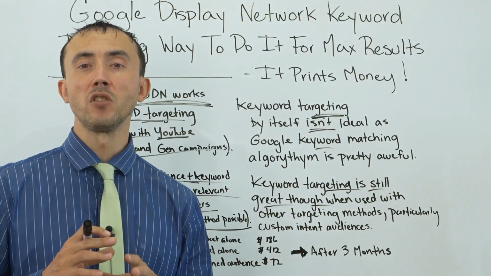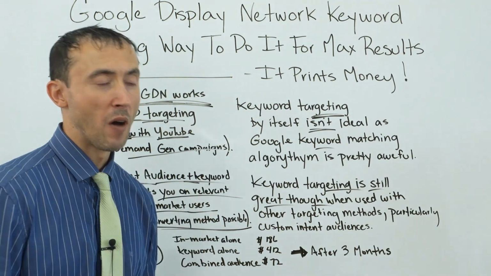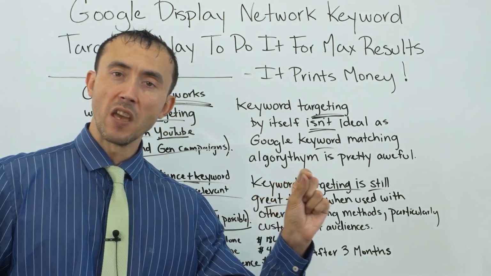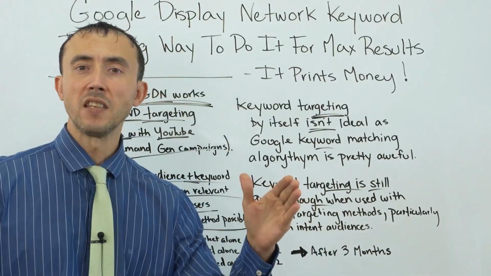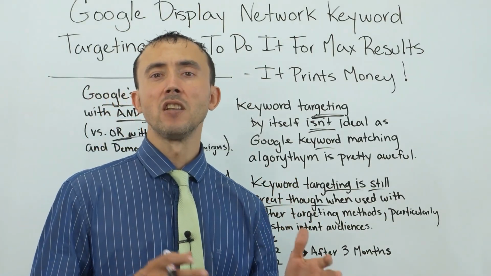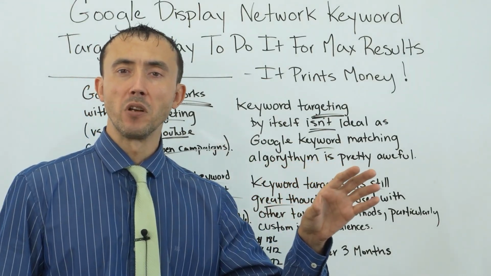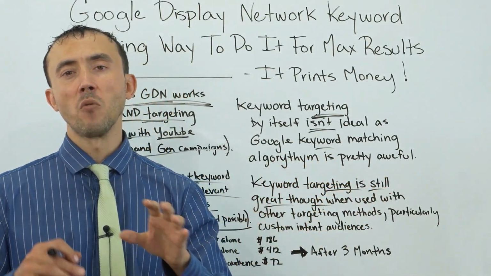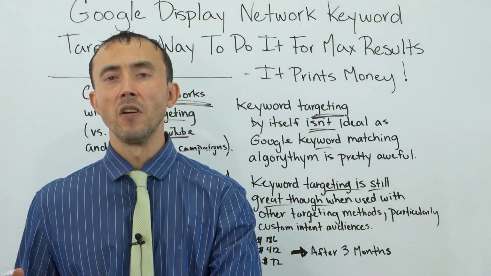And if all you do is keyword targeting, you're not going to probably make money 99% of the time. However, when you combine it with the in-market audiences you create through your custom intent audience, it actually weeds out the statistical likelihood that somebody has recently searched for pottery wheels for sale and is on a web page Google thinks is about pottery wheels itself.